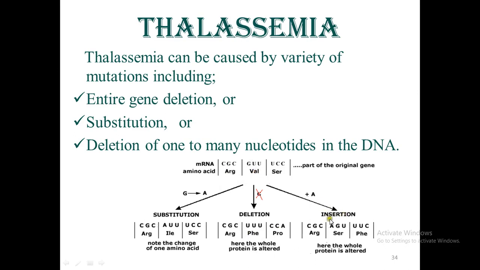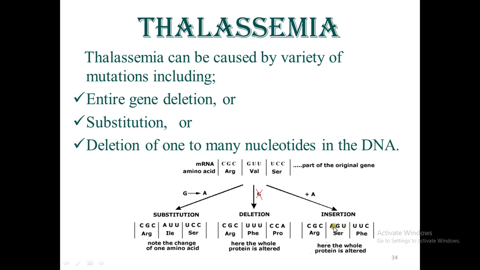In the case of this type of mutation where there is insertion, what do we find? The first one is, of course, in the messenger RNA, the code was CGC, so the amino acid was arginine. Here we find the same thing. But in the second triplet codon, in messenger RNA, normally it was GUU, which coded for the amino acid valine. Here it becomes AGU.